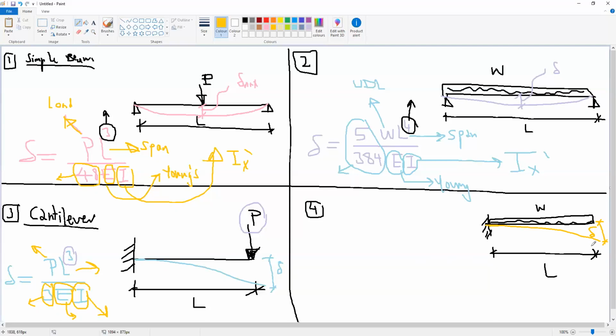Delta here has the same shape, but only the value is different. Delta here will be W L to the power 4 divided by 8 EI.